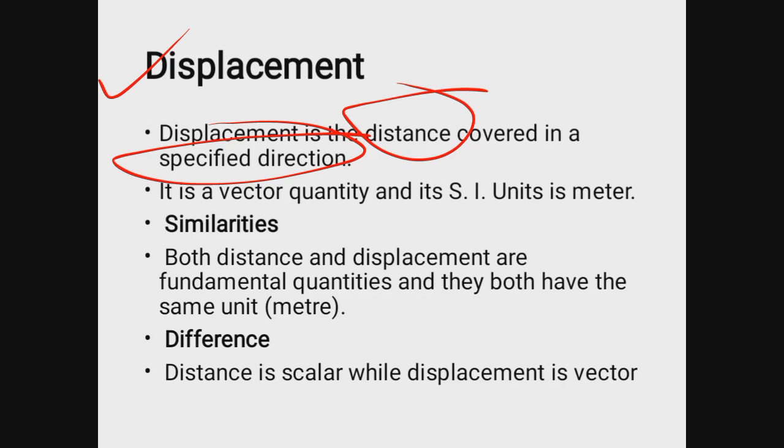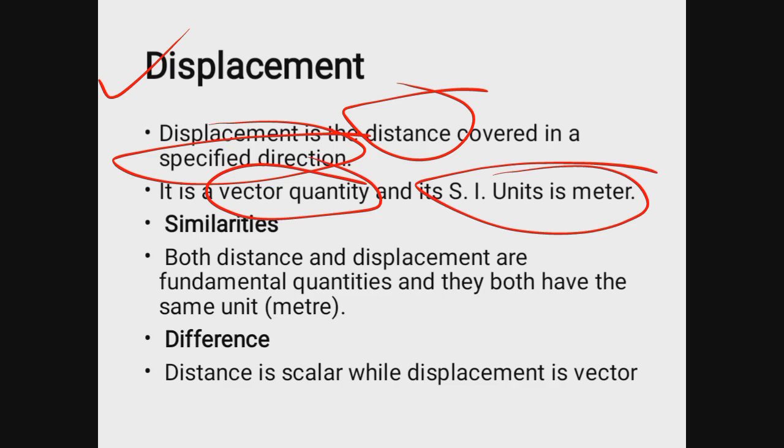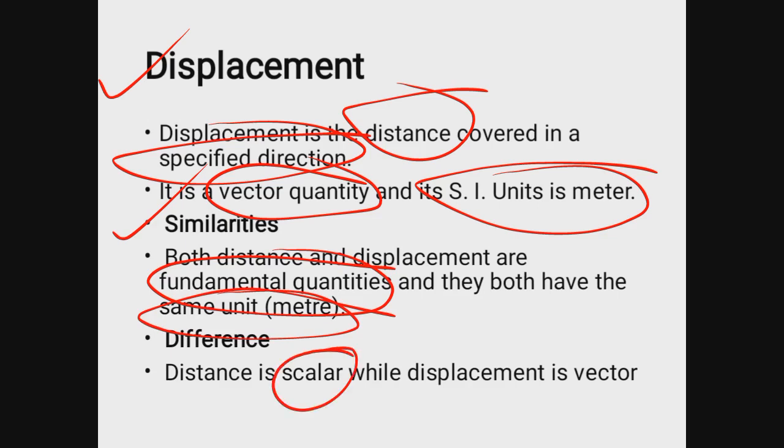Displacement is a vector quantity and it has the same unit as distance, which is meter. Both distance and displacement are fundamental quantities. The major difference between them is that distance is scalar while displacement is vector.